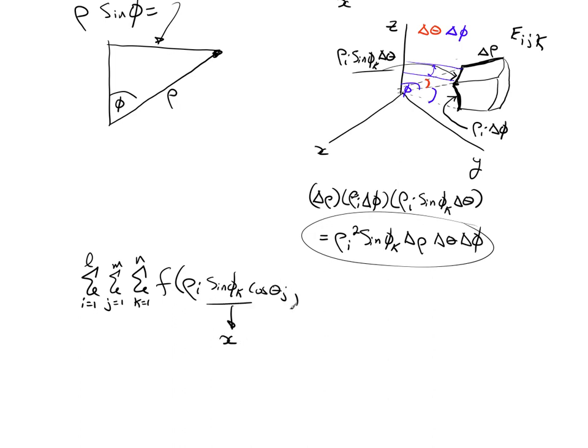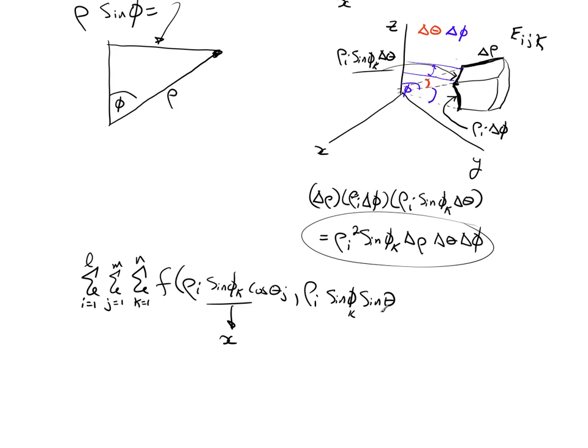This is just x. This is a function of x, y, and z. And there's x in spherical coordinates. Then rho_i sine phi_k sine theta_j, small j, is y.